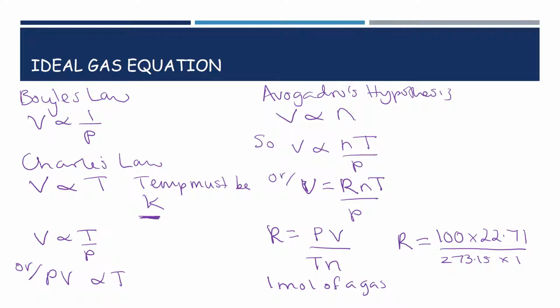And this comes out to the magic number of 8.314 joules per Kelvin to the minus 1 per mole to the minus 1. Now, you don't have to remember that number. You can actually find it on your data sheet.